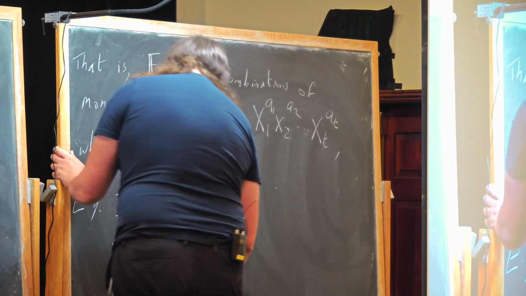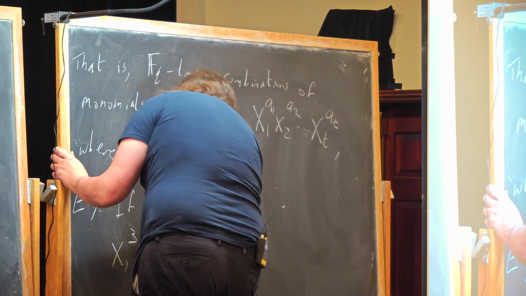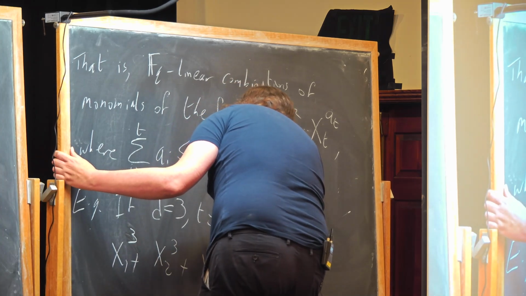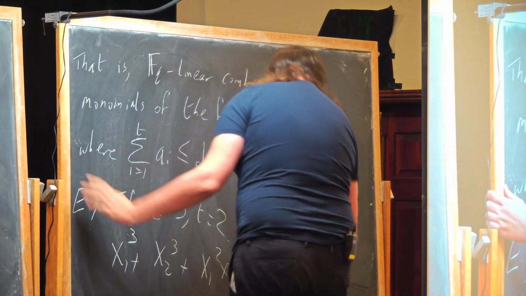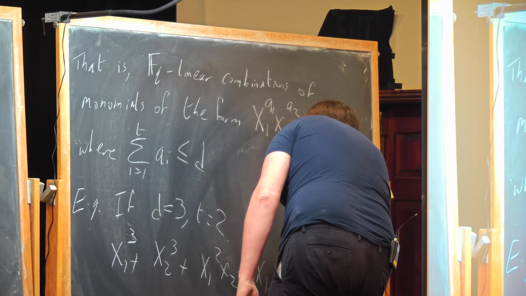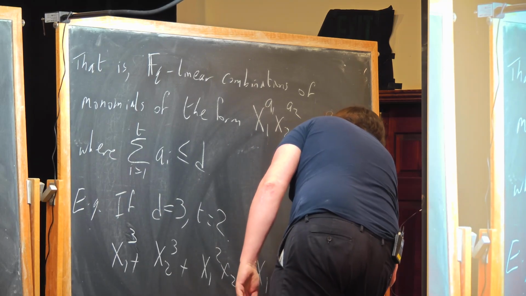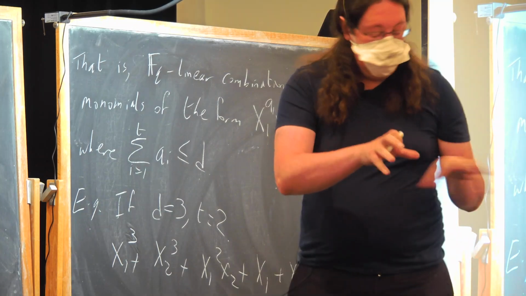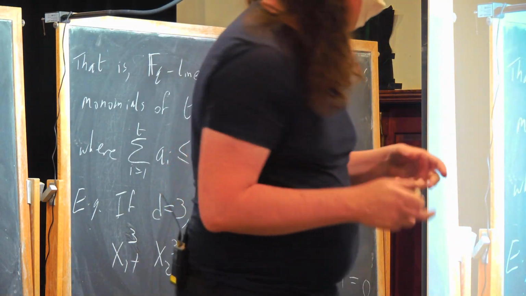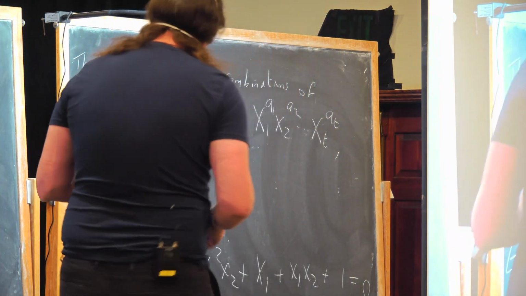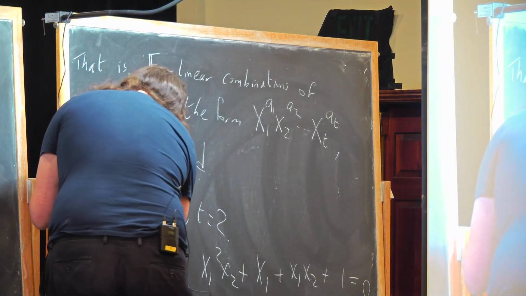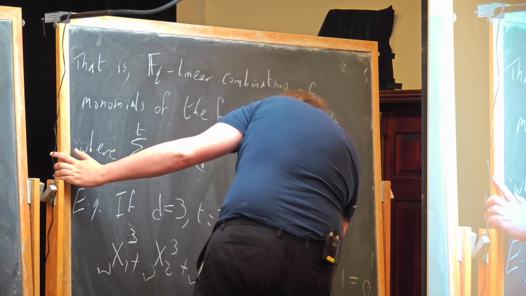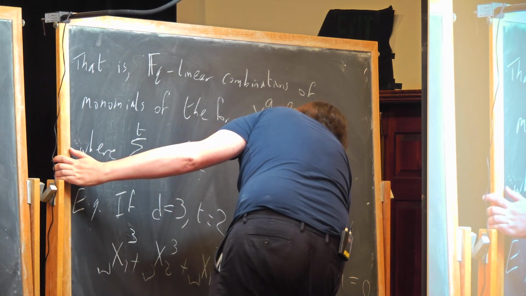We have two different variables, so you'll get x_1 cubed, x_2 cubed, but you'll also get things like x_1 squared x_2, and x_1 x_2, and so on. The point is that you have all of these monomials. They all have total degree at most d, and we just put coefficients in front, so some coefficient from F_q in each of these slots.